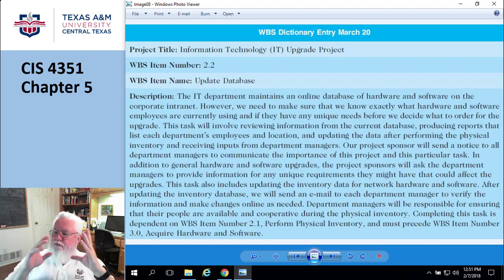And requirements, just like the work package level WBSs, requirements in these systems are assigned to a person by name. Not the accounting department has to approve. It's Bob in accounting has to approve. By name. That's super duper hyper important that when you're trying to put these things together, that you know exactly what it is, who's going to do what.